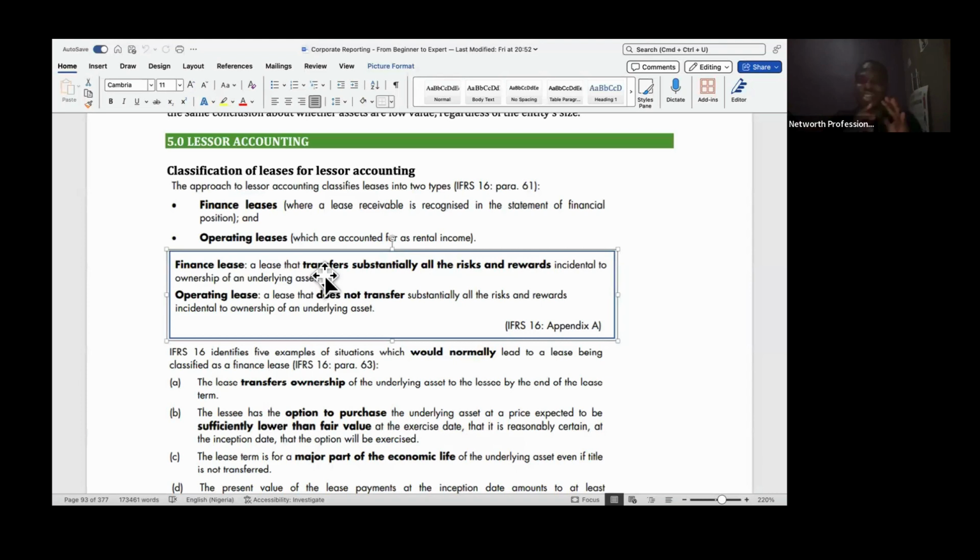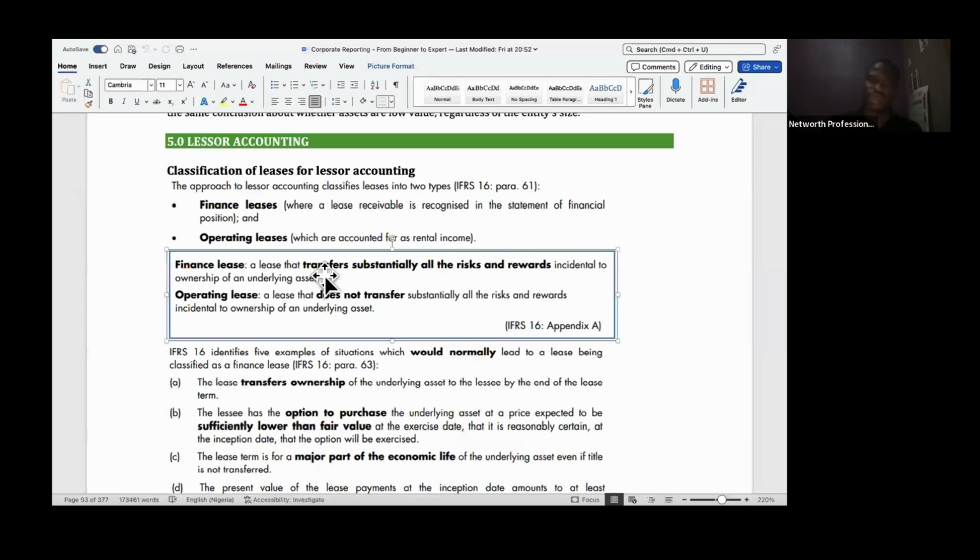So, that's the core thing. That's the major one. Any other lease whereby the risk and reward is not substantially transferred, then we are talking about an operating lease. So we would focus more on finance lease because that's the major one.